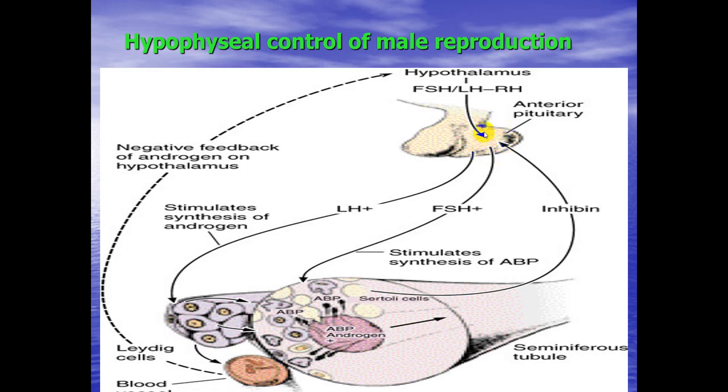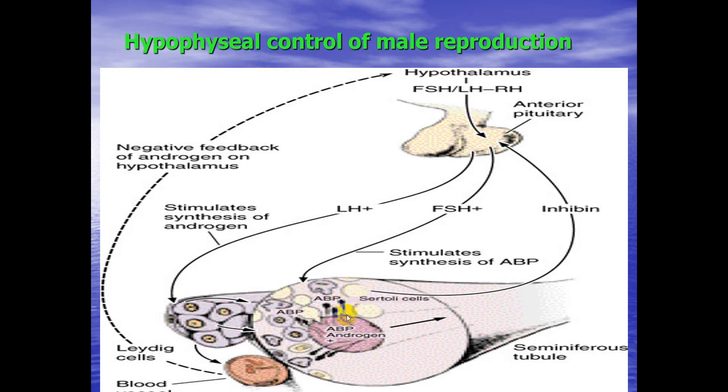This gonadotroph cell produces luteinizing hormone, which stimulates the Leydig cells in the interstitium of the testis. These cells produce the hormone testosterone, which activates the spermatogenesis.